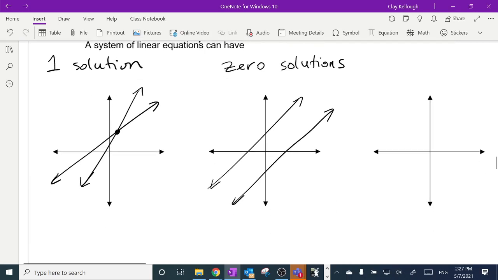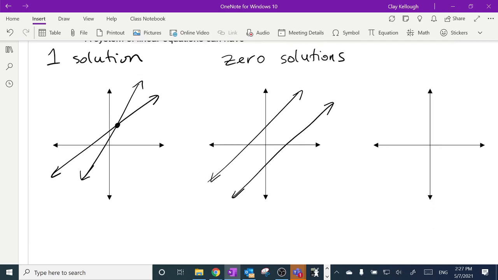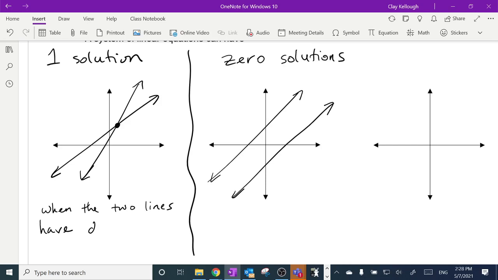Okay, let's add some words to these situations. We have some room at the bottom here. Under one solution, you'd say this happens when the two lines have different, finish my sentence for me.